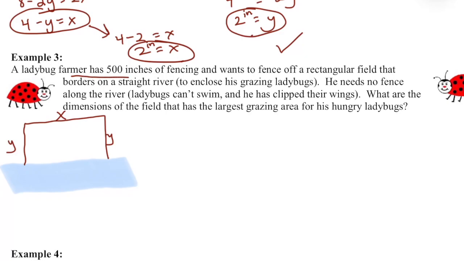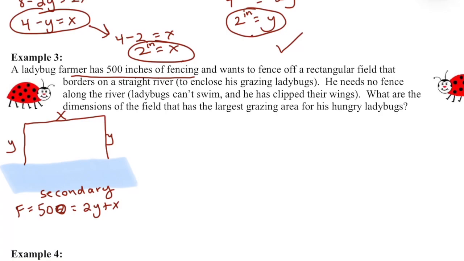And I was given that there's 500 inches of fencing. So the amount of fence that I have is 500. And that's going to equal the perimeter. So that's 2y plus x. So this is everything I'm given. This looks like my little secondary equation right there.